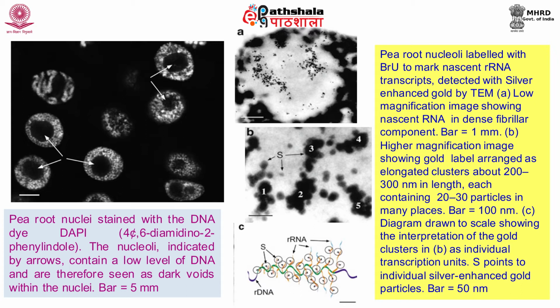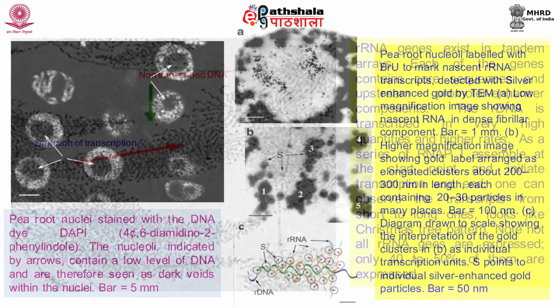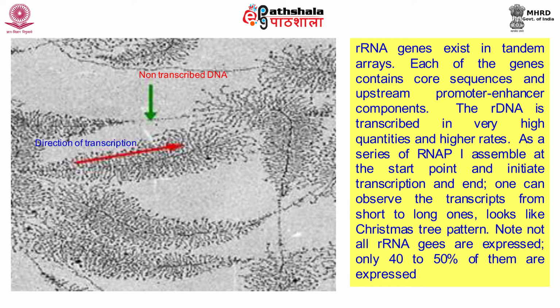Many copies of these rDNA repeats are silent or inactive. Each knob-like structure contains about 20 to 30 particles. Individual transcription unit can be observed in figure C. Ribosomal RNA genes exist in tandem arrays. Each of these genes contains core sequences and upstream promoter enhancer components.